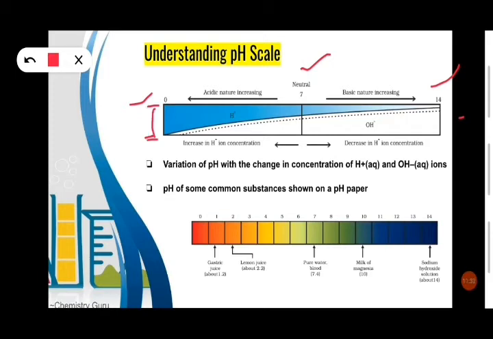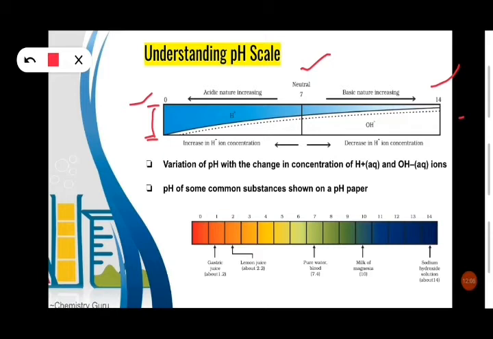In terms of concentration of ions, this shows that at 0 the hydrogen ion concentration is maximum, and as we go from 0 to 7, there is a decrease in the concentration of hydrogen ion, and at 14 the hydrogen ion concentration becomes very low compared to 0 and 7, right?